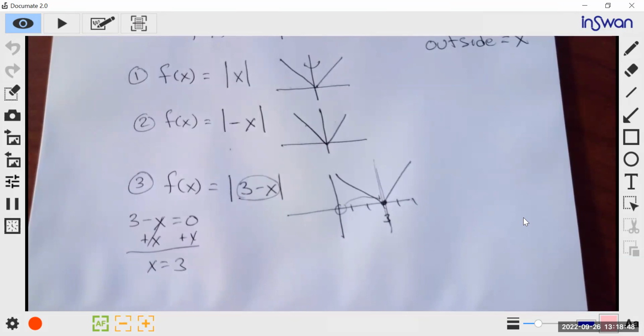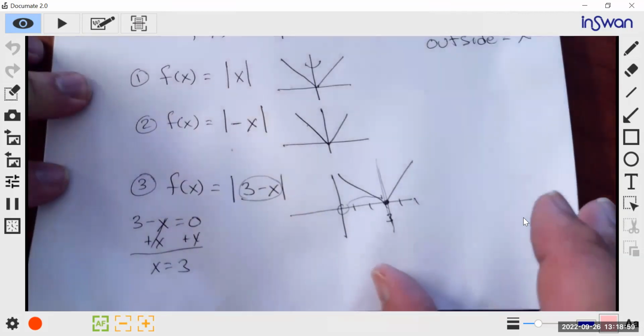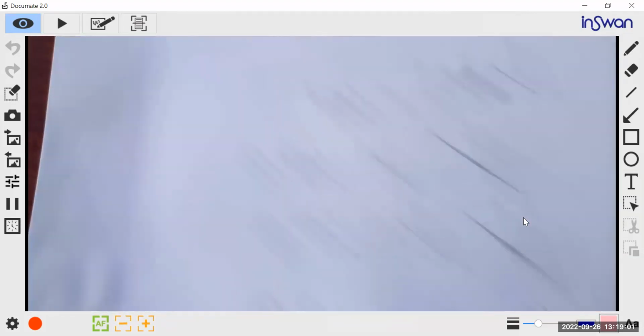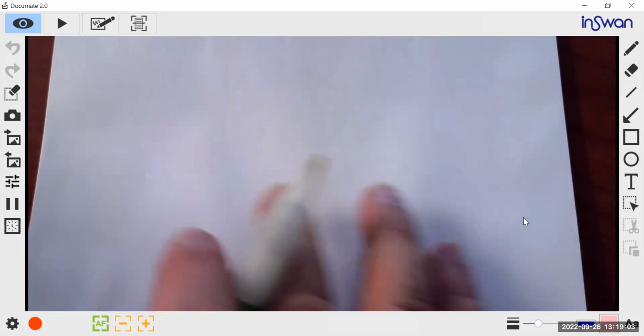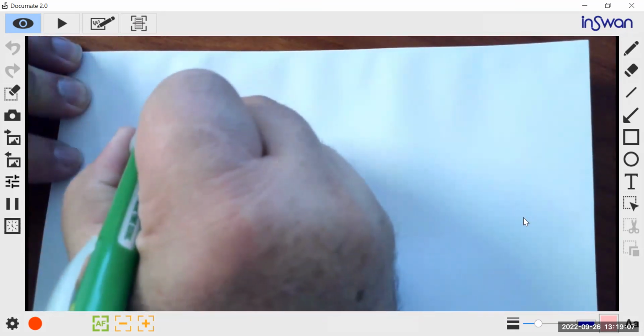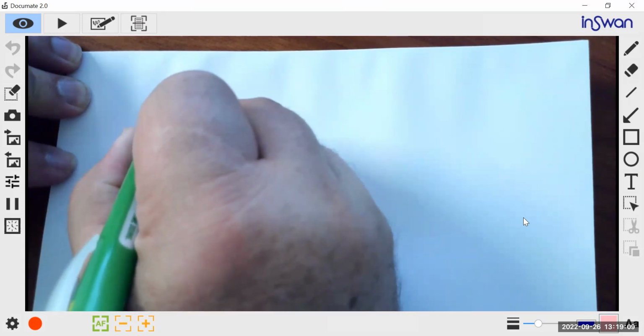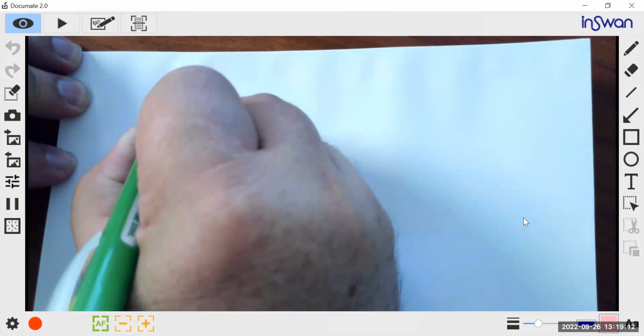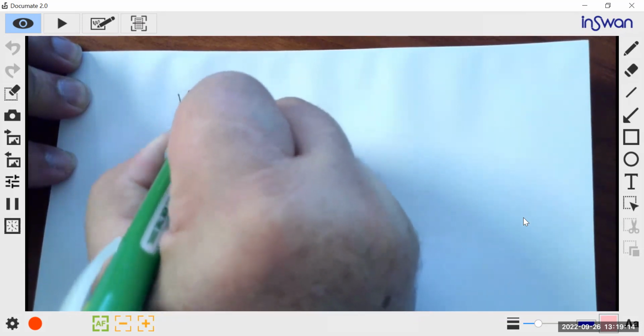So far, so good. So we did a horizontal shift, vertical shift, a reflection horizontally and vertically. Those were the easy ones. Now comes the shrink and stretches. Let's do vertical first.